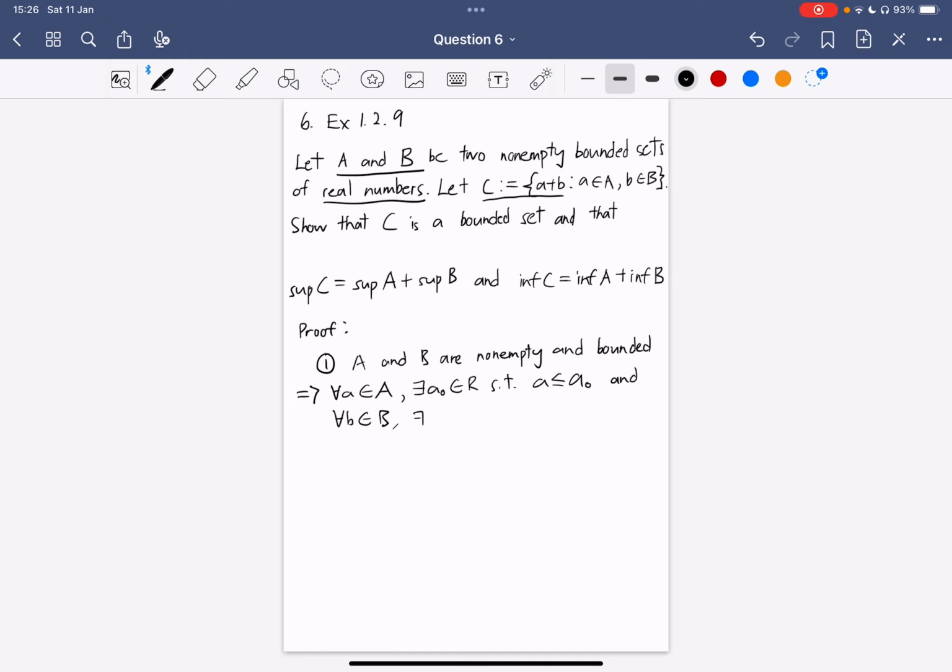Same thing for B. And we let C naught be A naught plus B naught. Then that implies that for all values of c in C, C naught is greater than all of them, right?